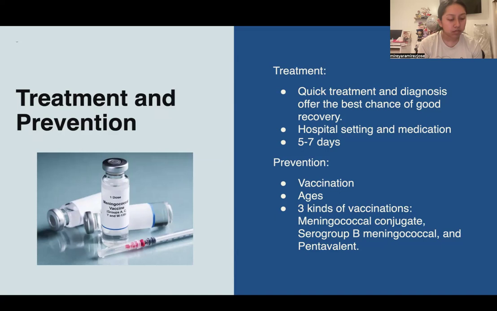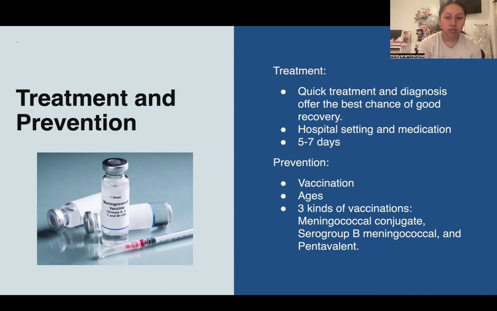Additionally, if you take someone to the hospital with meningococcal meningitis, you yourself will probably have to be given some type of antibiotic since you'll have been in close quarters with that person. The prevention of this bacterial infection is vaccination.